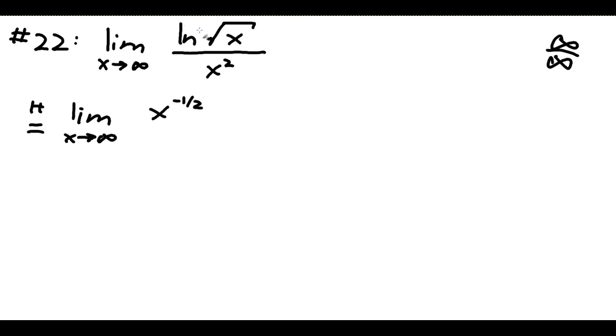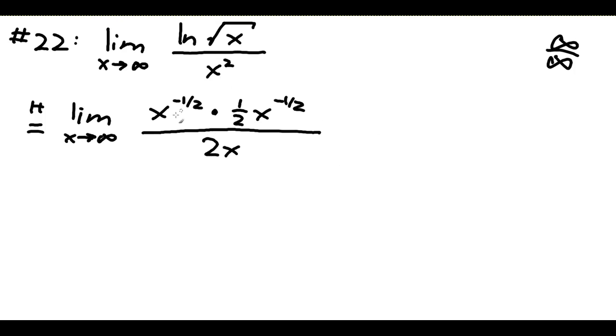So that is the derivative of the natural log, but we have to use the chain rule to multiply by the derivative of what was inside there. The derivative of x to the 1/2 power is 1/2 x to the negative 1/2. This is all divided by the derivative of x squared, which is 2x.